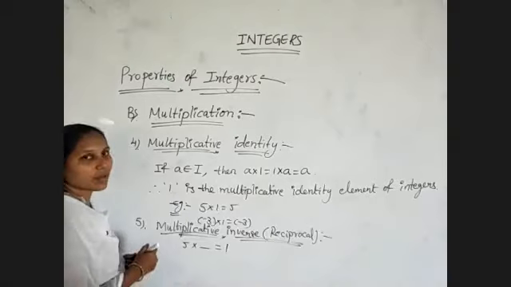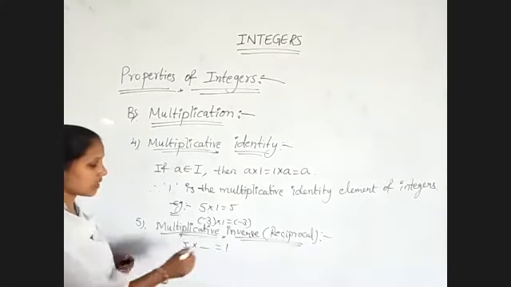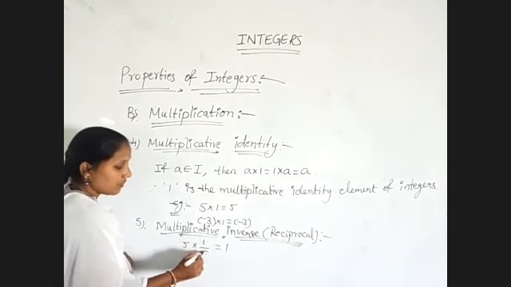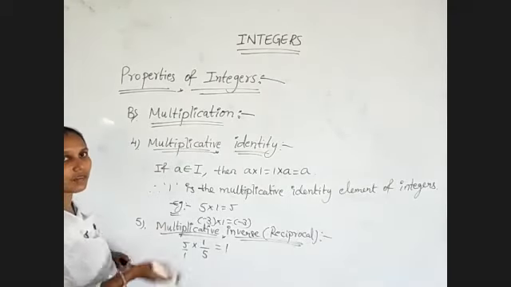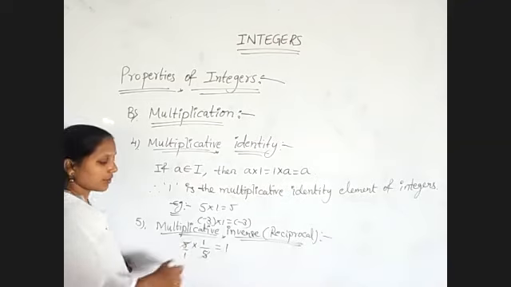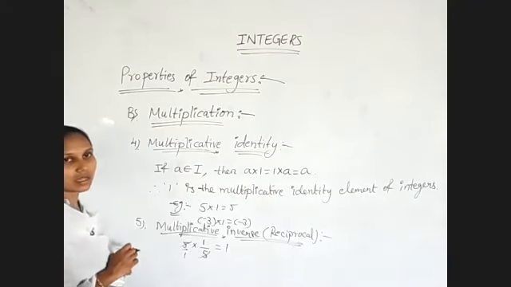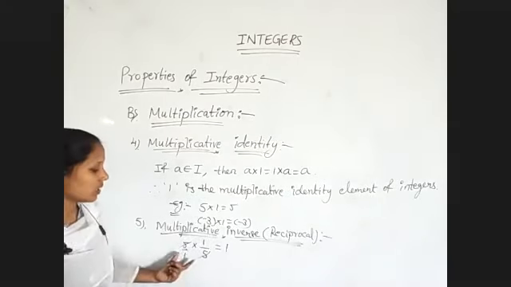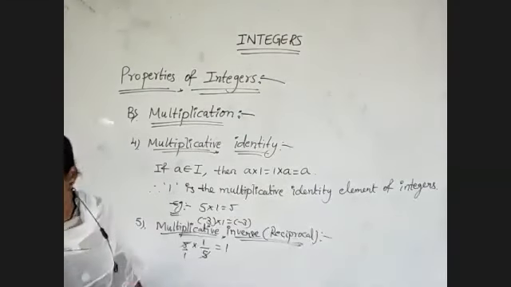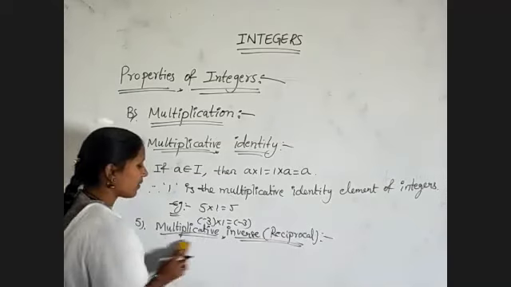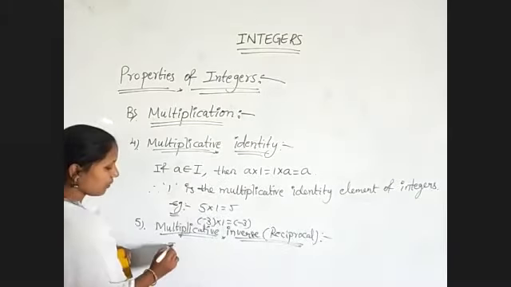So we check by multiplying which number we will get the result 1 with 5. 5 is nothing but 5 by 1. Take its reciprocal, reverse it, 1 by 5. 5 will get cancelled, 1 will be the result. That means 5 and 1 by 5 are reciprocals of each other. So the statement is given in this way.